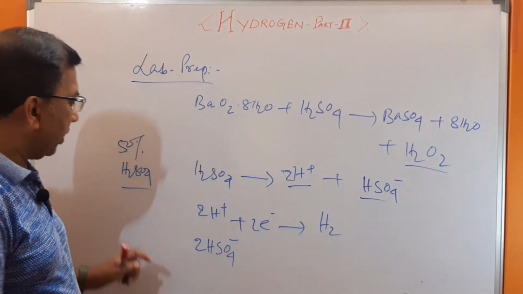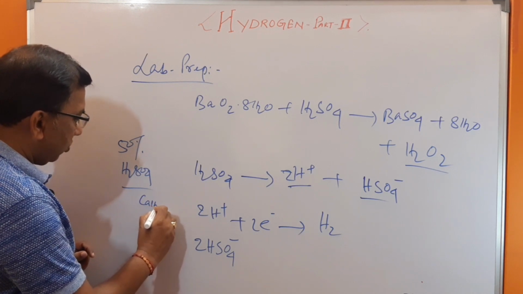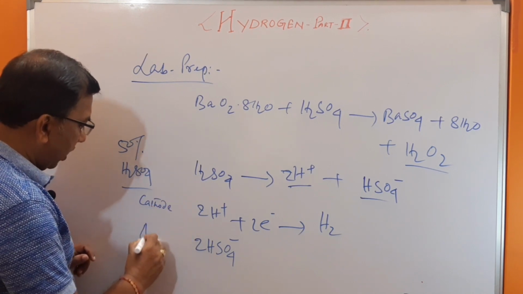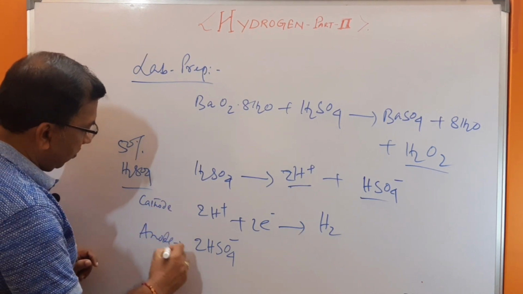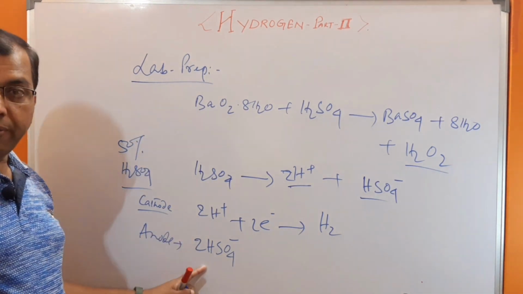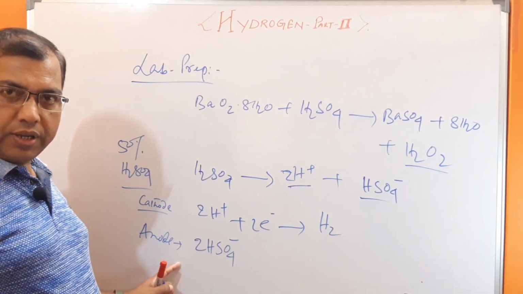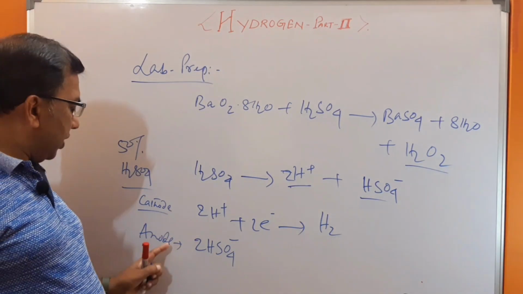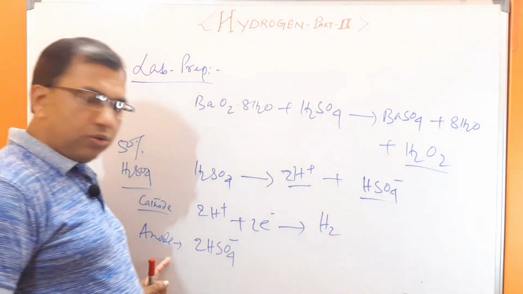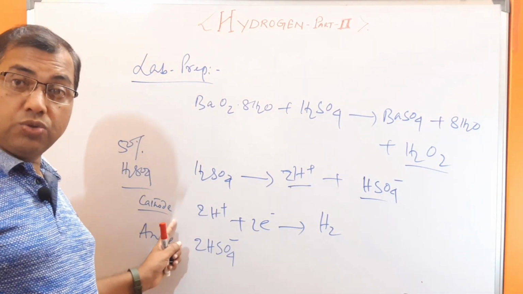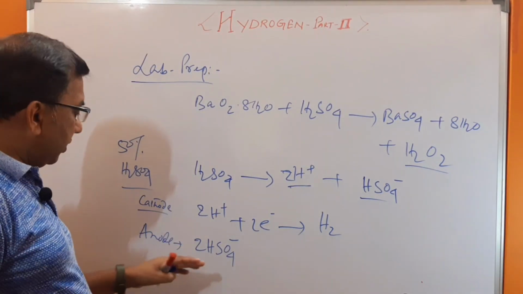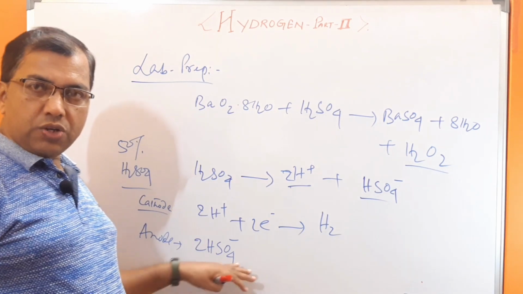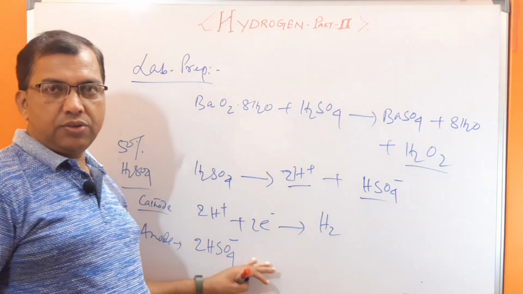This is the cathode, this is the anode. You can use platinum electrodes here, and graphite electrodes can be used here. Clear? And this H2SO4 will decompose.